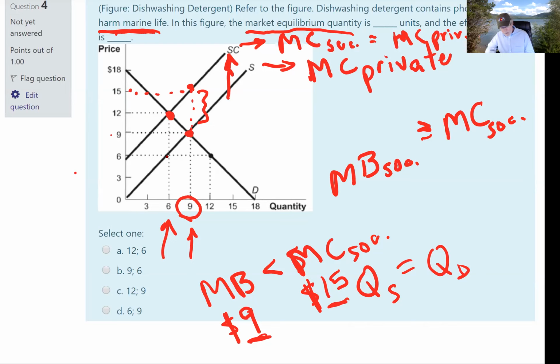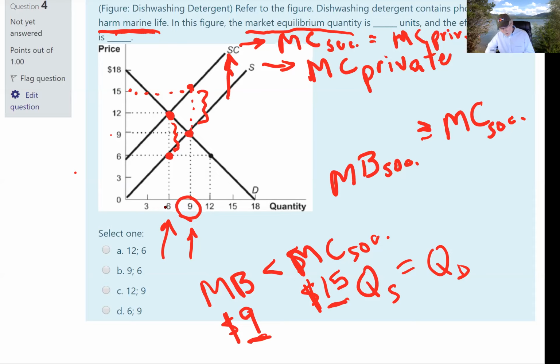Now, reading up to the supply curve, the cost to the producer is $6. The external cost due to the pollution is this extra $6. So that 6th unit is worth $12 to a consumer. It imposes a cost of $12 on society. So that is where we want to stop.